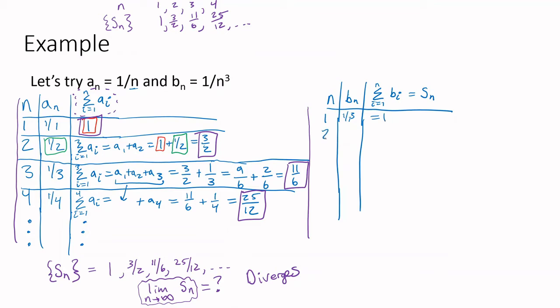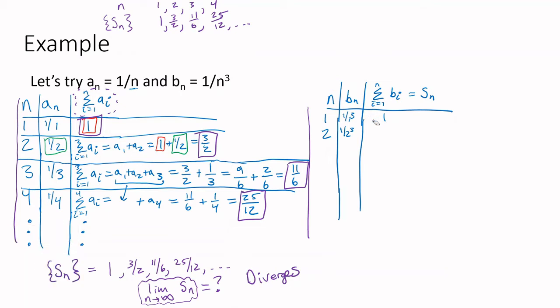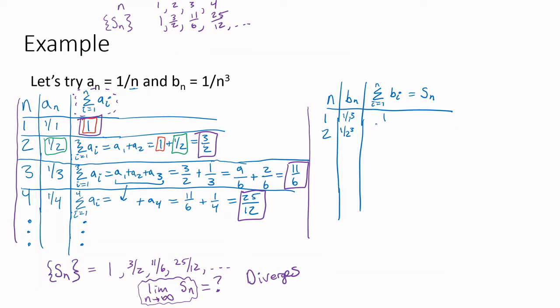Next one is 2. That's 1 over 2 cubed, which is equal to now 1 plus 1 over 8, because remember, it's the sum here, right? So I'm adding up all of the previous terms, which is equal to 9 over 8, okay?